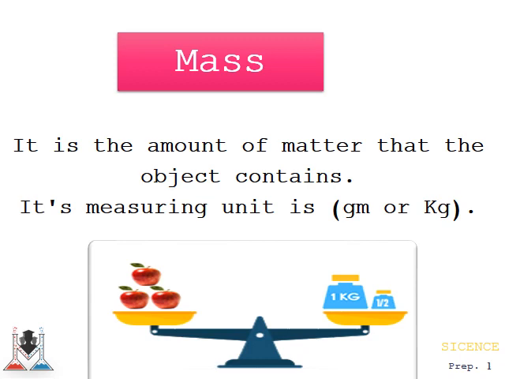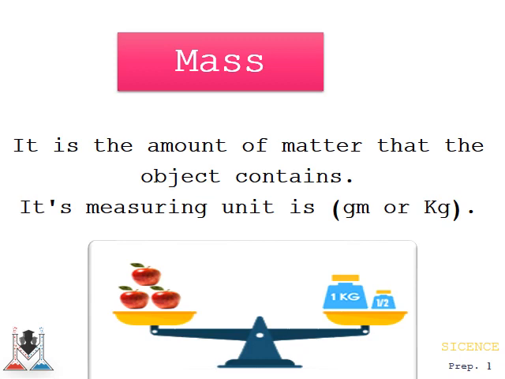You can see apples and you can see a scale. When you put apples on a scale, they will have a mass. Mass is measured by gram or kilogram. So the mass of these apples will equal 1 kilogram, for example. So they have mass because they have amount of matter.